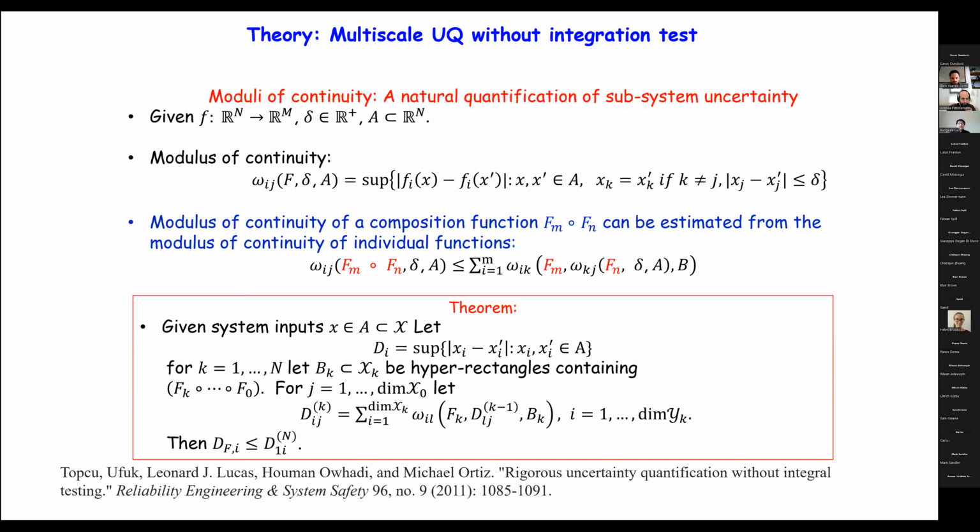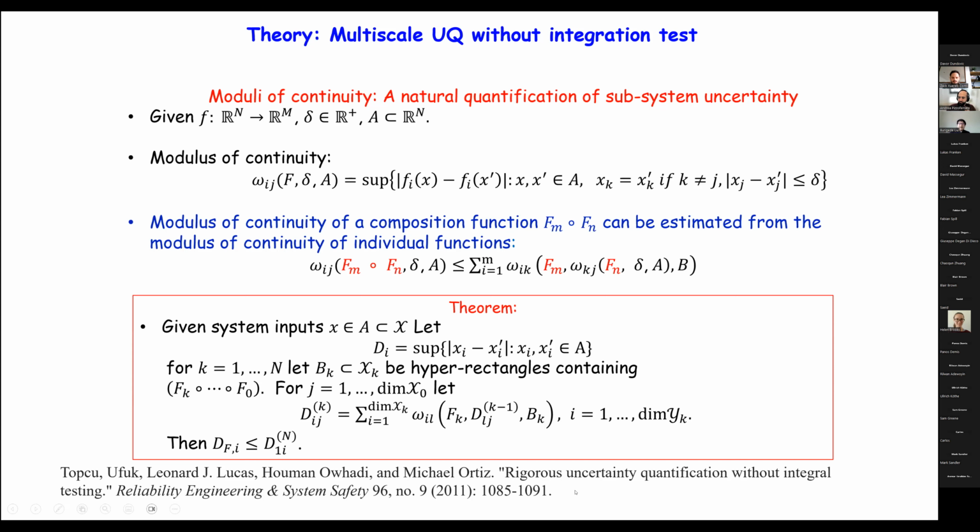Basically, it says that if we can decompose a system level map into subsystem level maps by looking at something called modulus of continuity, this allows us to look at only one subsystem, a particular length scale's response, at a time, and afterward we can just compose our response nicely using the theorem shown here.